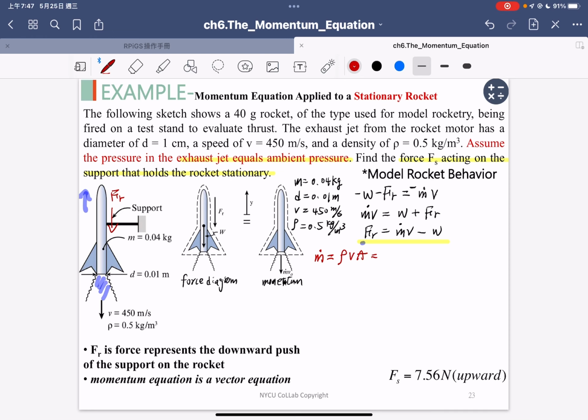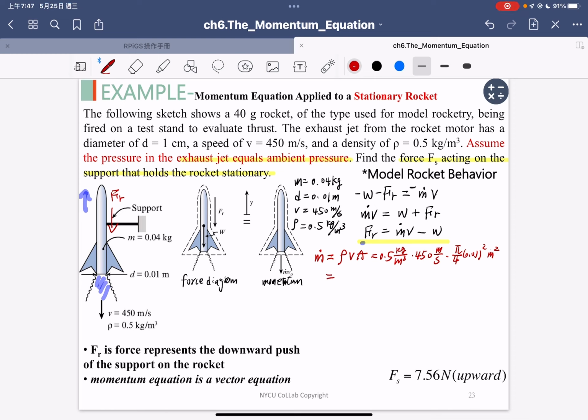So we have a density of 0.5 kilogram per meter cubed, and the velocity is 450 meters per second. And for the area, we only have the diameter, so the area equals pi over 4 times 0.01 squared. So the unit is meter squared.